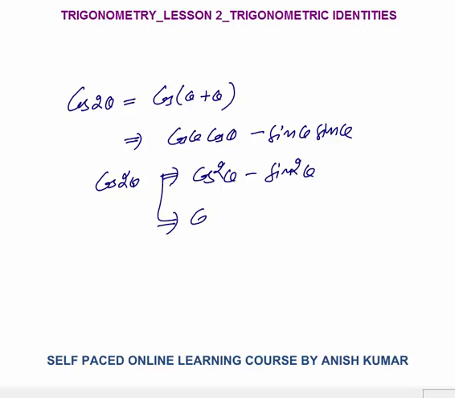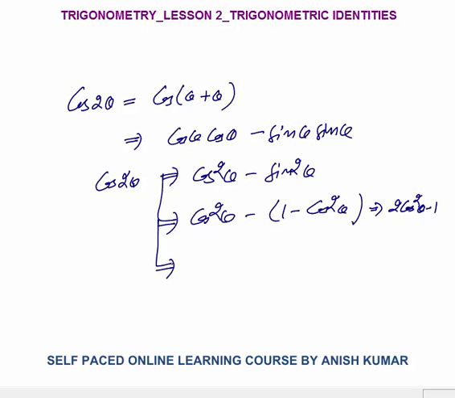Now you can change this. In cos square theta minus sin square theta, I can always write sin square theta as 1 minus cos square theta, because sin square theta plus cos square theta is equal to 1. Open this, you will get 2 cos square theta minus 1.